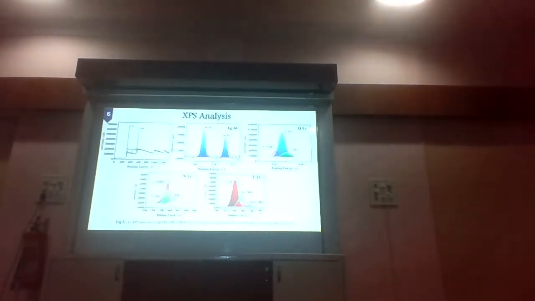That means we can say that the indole ring is interacting with the rhodamine B. That's why the peak is not observed here, and of the rest of the peaks, Ag 3d 5/2 around 366 electron volt is due to the metallic silver, and this peak is due to the Ag-O bond.